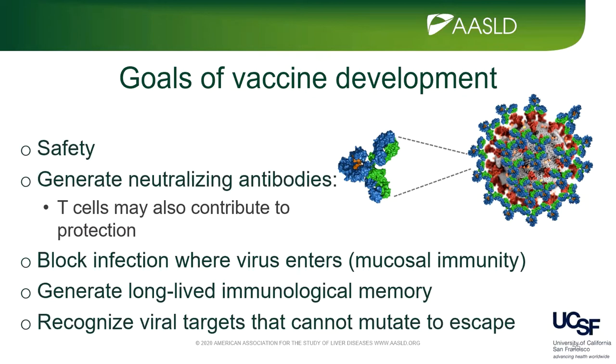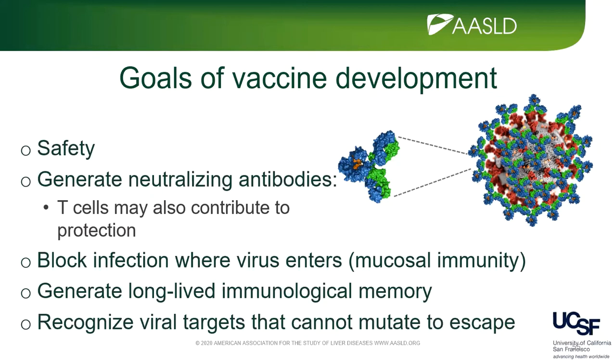Another goal, ideally, is to block infection where the virus enters. In other words, to generate mucosal immunity so that the virus doesn't ever even enter a host cell and replicate and cause even mild symptoms, much less be shed and transmitted to others. Another goal is to generate long-lived immunological memory. I mentioned earlier that there's concern that infection generates only transient immunity in the case of COVID-19.